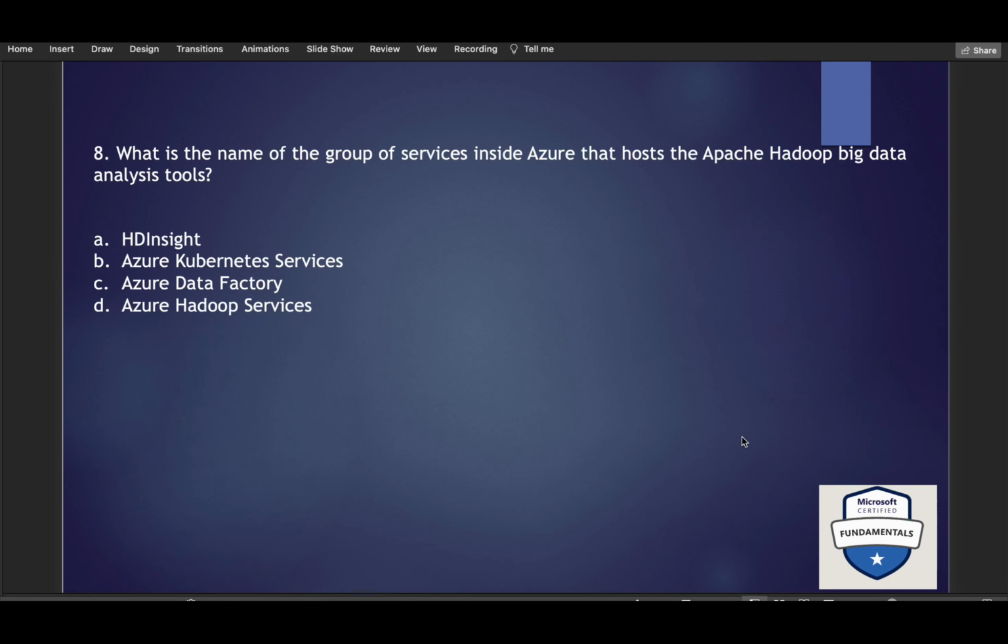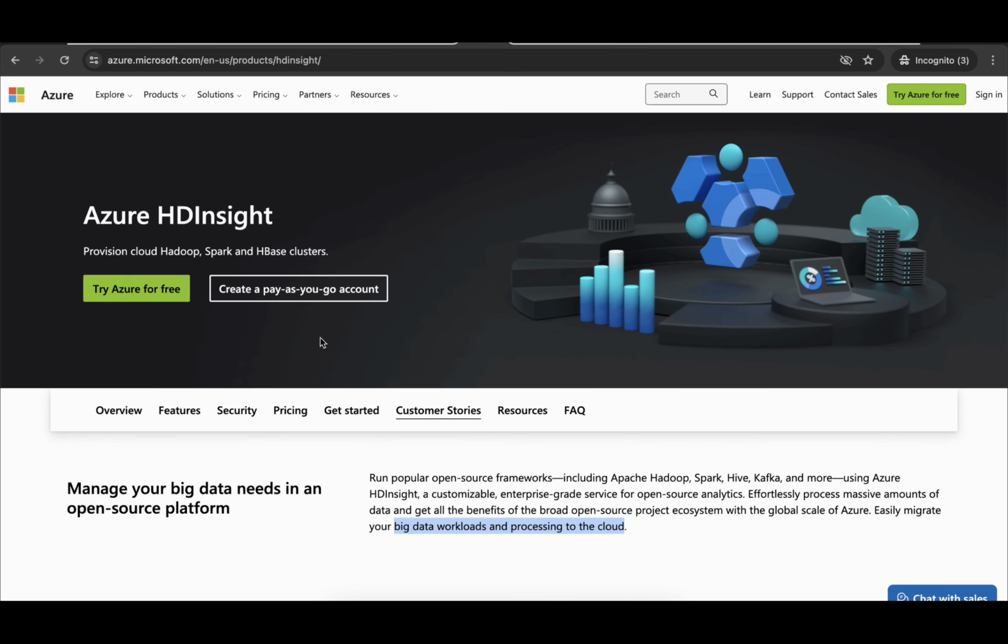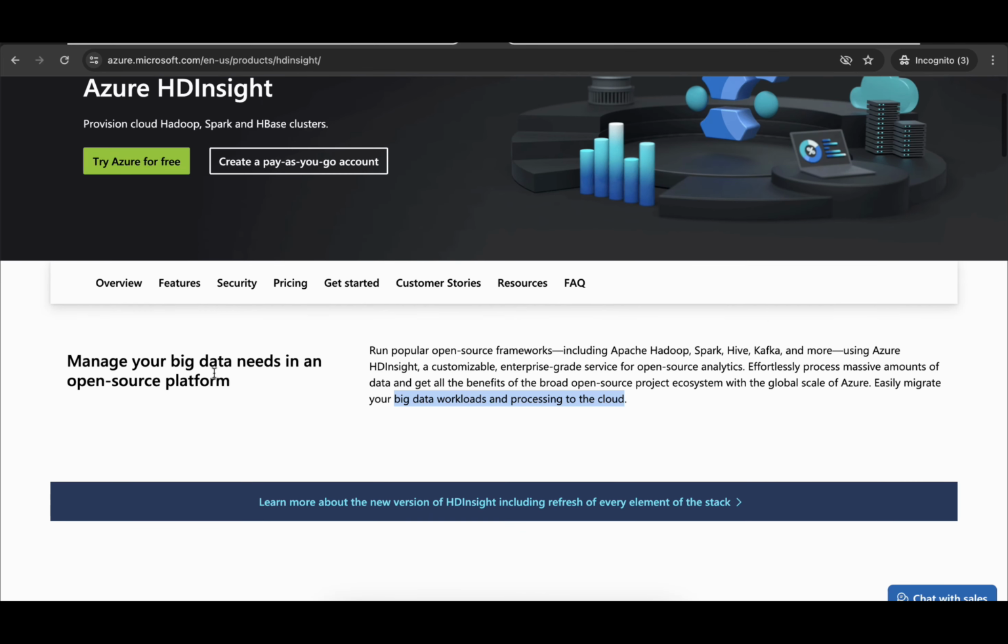Now, what is the name of the group of services inside Azure that hosts the Apache Hadoop big data analysis tools? Okay, so again, the answer over here is HDInsight, which is a collection of open source Apache Hadoop tools. If you want to know more on this, you can always come here into Azure Products, Azure HDInsight. Here you can read what it does: it runs popular open source frameworks including Apache Hadoop, Spark, Hive, Kafka, and more using Azure HDInsight, right?